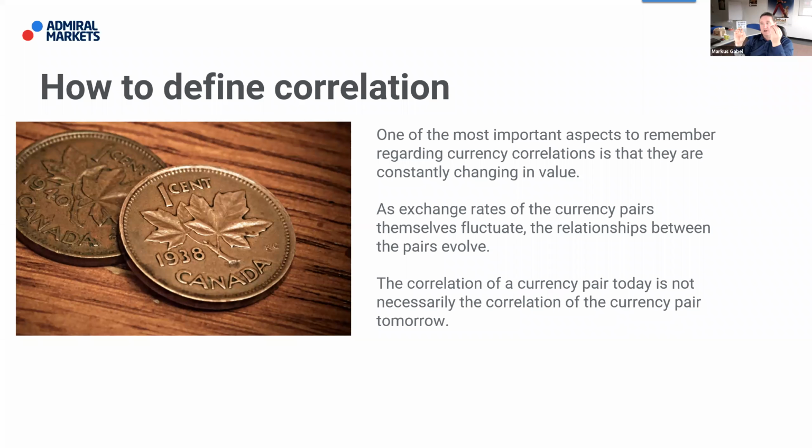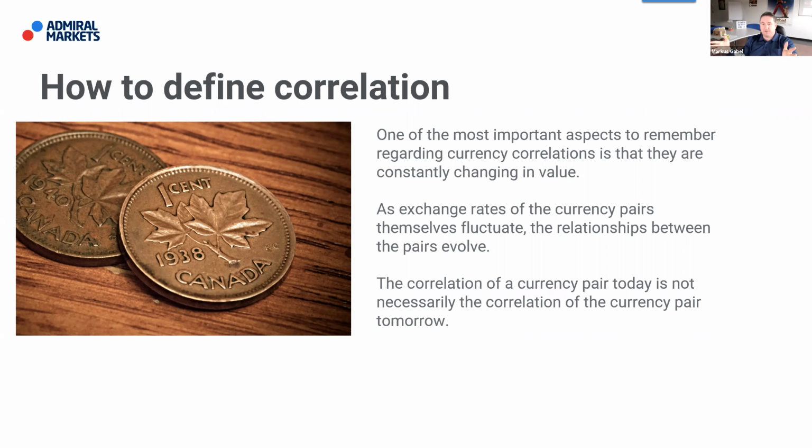So you see, every day, every week, we have a change in the value of every single pair. And as exchange rates of the currency pairs themselves fluctuate, the relations between the pairs evolve, of course.